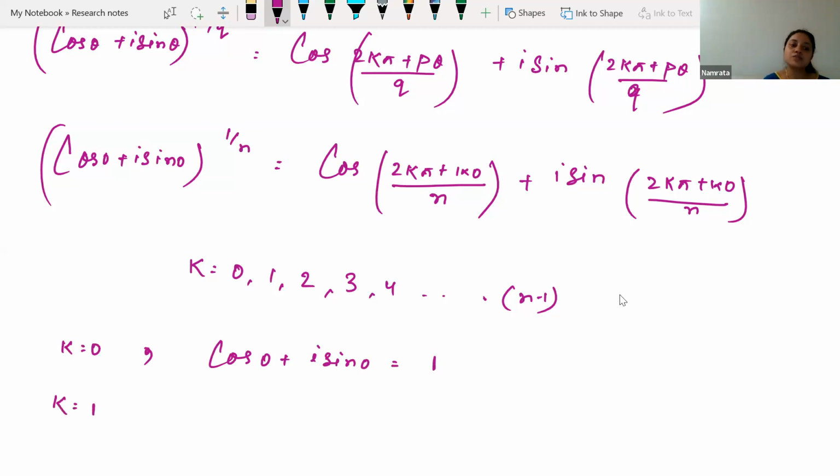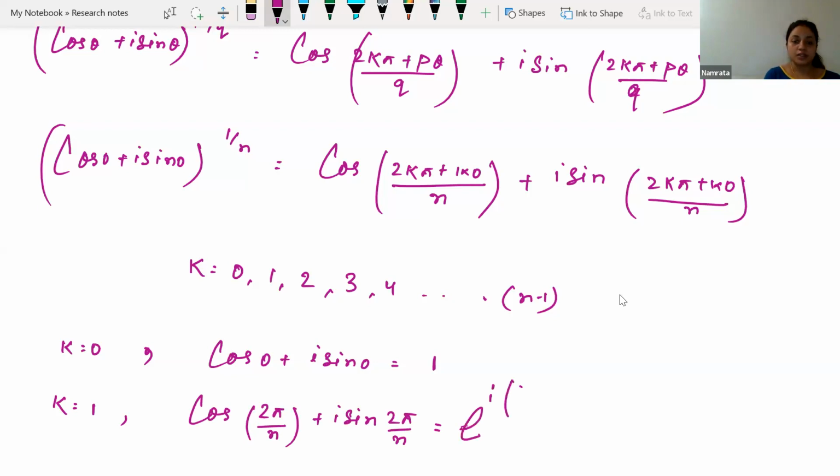When k is equal to 1 we will have cos 2 pi by n plus i sin 2 pi by n, right Lena? Yes, ma'am. And cos theta plus i sin theta can be written in Euler's form as e to the power i theta. So this can be written as e to the power i, where theta is 2 pi by n.